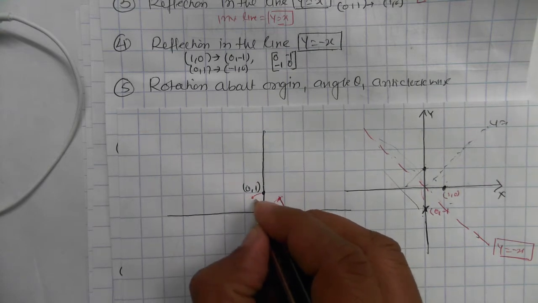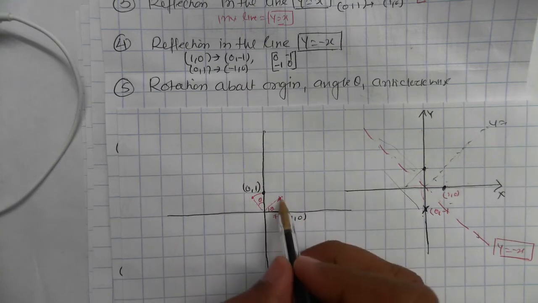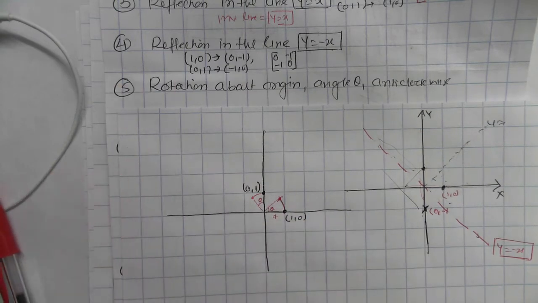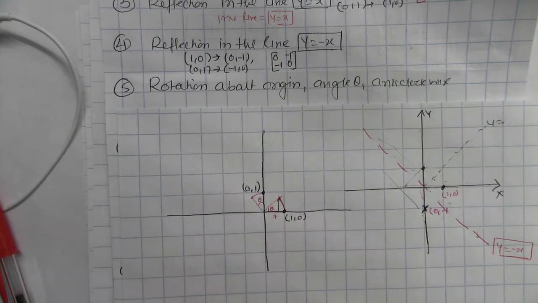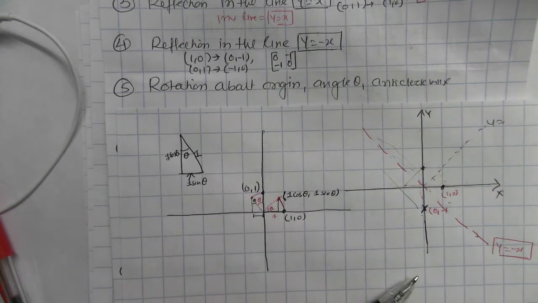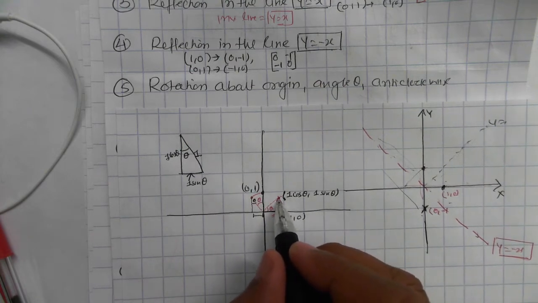Now we're going to try and find the new positions of these two points. We use our trigonometry to work that out. Try and understand the geometry of this. When this has been turned, this is 1.